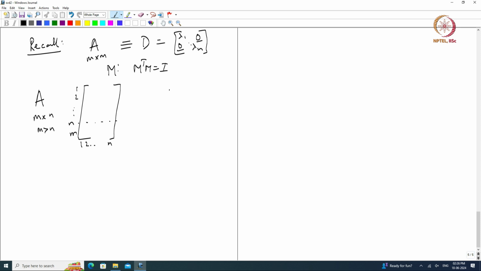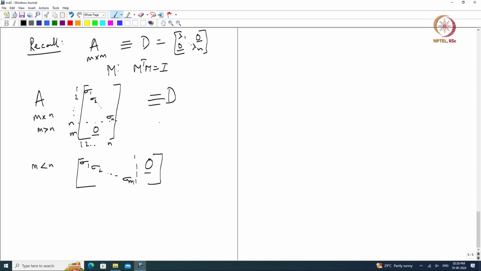So, the diagonal equivalent of this will look like this: sigma 1, sigma 2 all the way to sigma n, rest of it 0. And in the case when m is less than n, it is a fat matrix and it will look like this. This will have sigma 1, sigma 2 all the way to sigma m, and this will be 0.